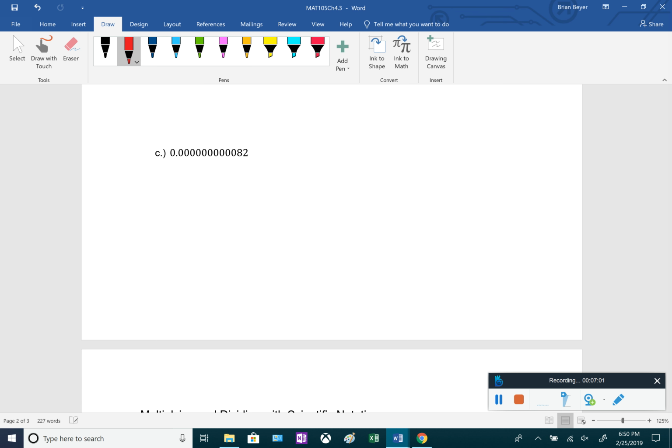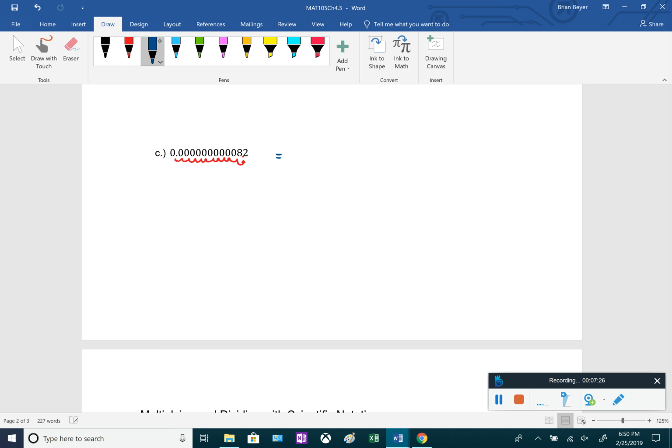Last one here for this example. So we have point, a lot of zeros. Not even going to read it. Point, a lot of zeros, and then 8.2. Okay, so we find our decimal, which is over here this time. So we're going to move it until we get to a number whose absolute value is between 1 and 10.